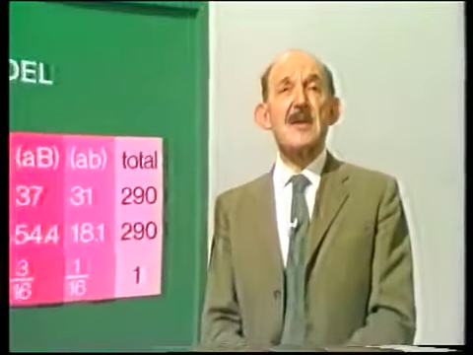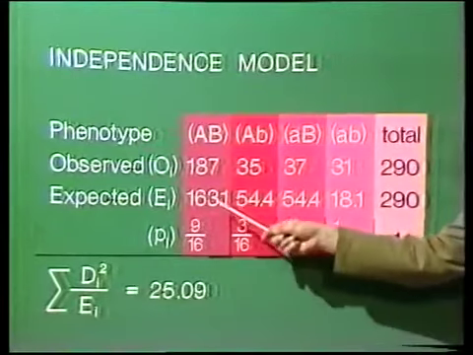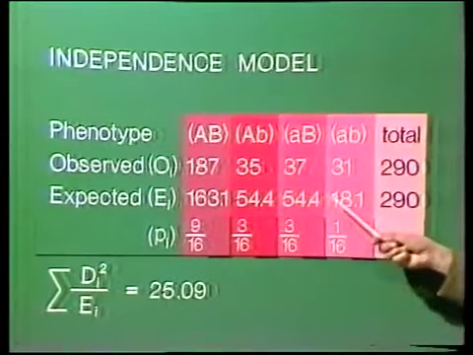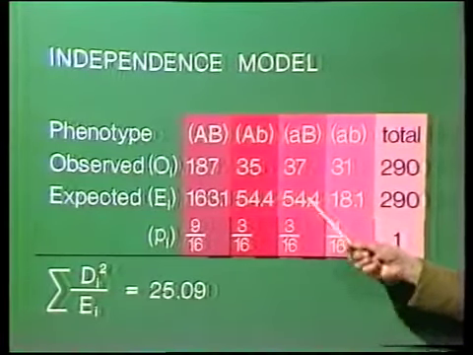So what have we discovered? The genetics model based on independence of characteristics clearly won't fit the data. These expected values are much too low, these much too high.